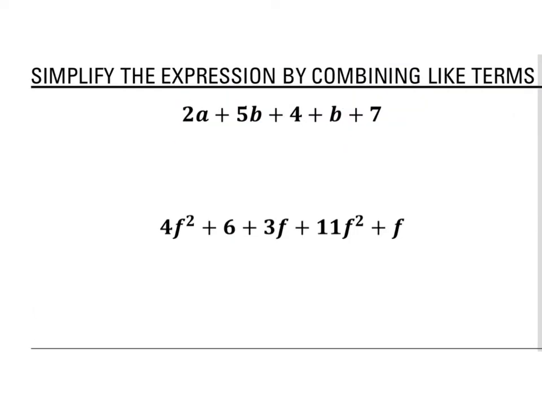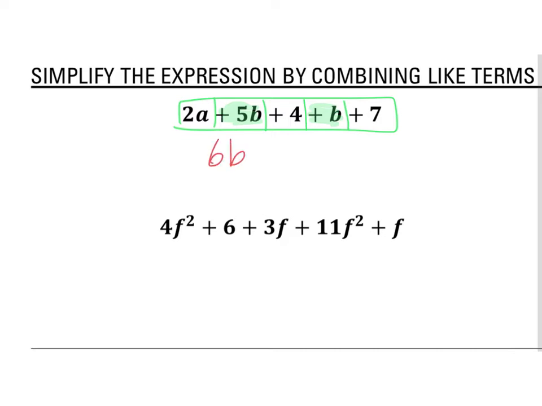All right, our next slide here is asking us to simplify the expression by combining like terms. So if I use my train method, separate my terms, I'm going to look and see what my like terms are. So we just talked about this in the last slide. It's the same expression. So 5b and 1b, we can combine those to get a total of 6b.